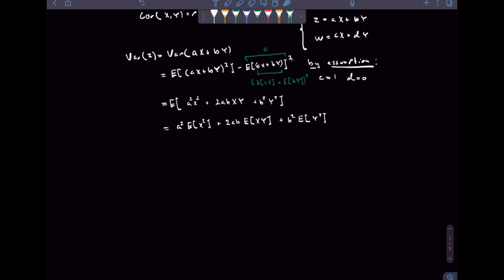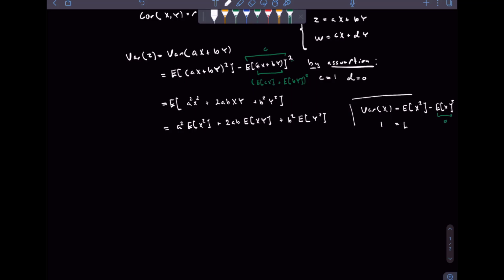Now these two terms we can figure out on the side. We know that the variance of X, by definition, is the expectation of X squared minus the squared expectation of X. We know that the variance has to be equal to 1, and this second term here by standardization is 0.